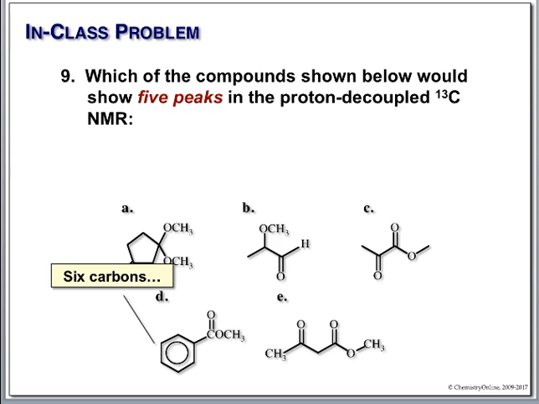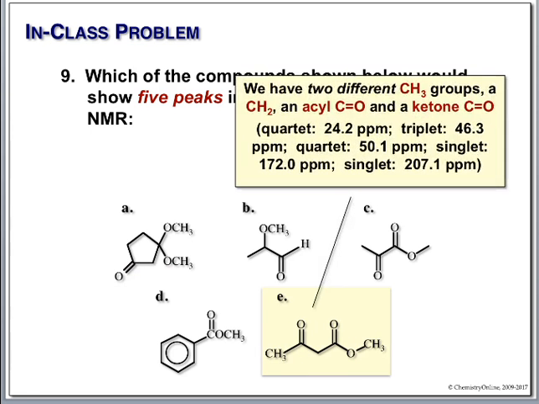And finally, that leaves our last one here. This is methyl acetoacetate. We'll talk a lot about this in chapter 19 and 20. We have a methyl group that's 1, 2, 3, 4, 5 carbons. Sounds good. This is our correct answer.